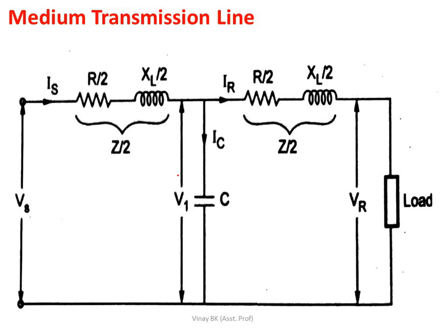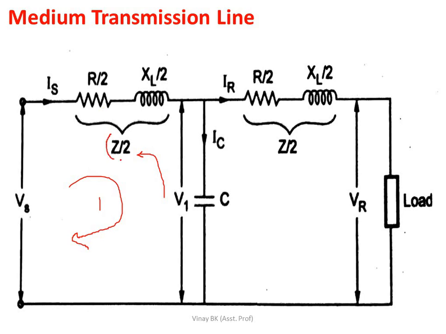So what we are doing here, for this particular circuit diagram, we already discussed the analysis of the nominal T method. I am just telling how we get the expressions here. We get one expression, Vs, by applying KVL to loop 1. So Vs is given by V1 plus Is into Z by 2.